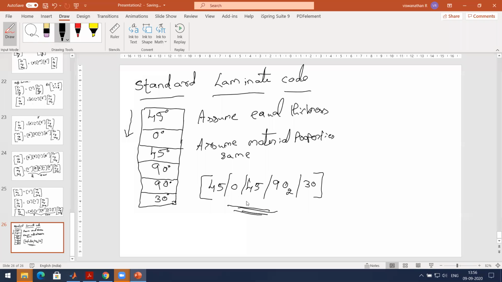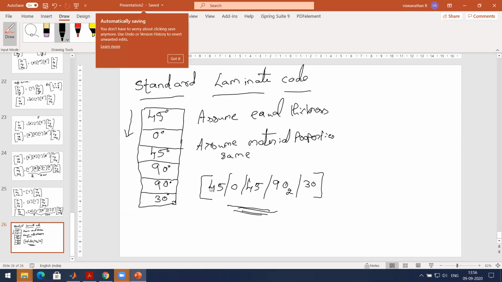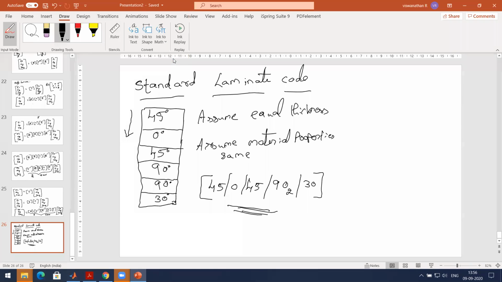So why do we need to learn this? Because whichever books you look at, whichever journals you read, whatever composite references you refer to, the fiber orientations will not be drawn like this. They will be represented by the code. So by looking at the code, you must be able to understand the sequence.